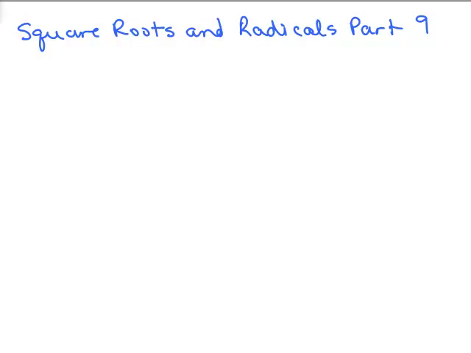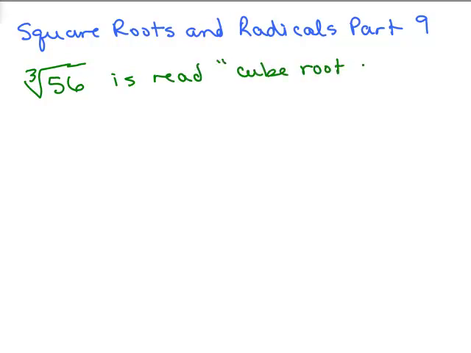This is part 9 of square roots and radicals, and in part 8 we discussed cube roots and fourth roots, etc. So just to recall, if you have a little 3 in here, like, how about the cube root of 56?